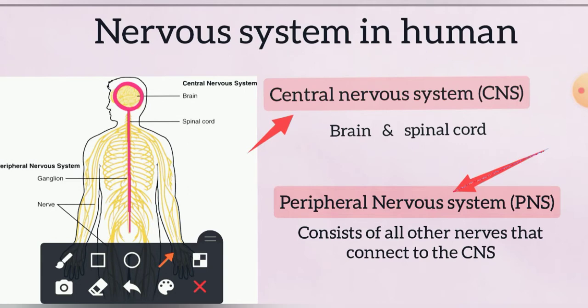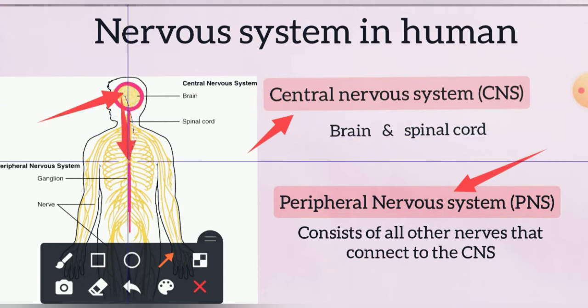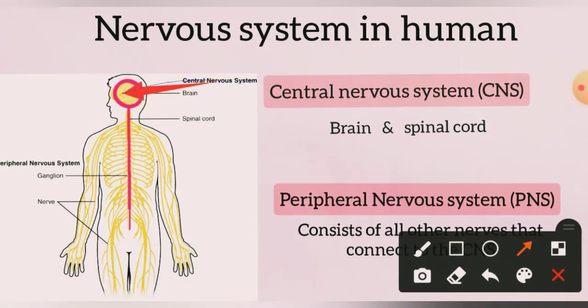If you look at this diagram, that area which is pink in color and this rod here form the central nervous system. This is the brain and this one here is the spinal cord. Spinal cord is thick nerve fibers which run from the brain deep through the vertebral column.